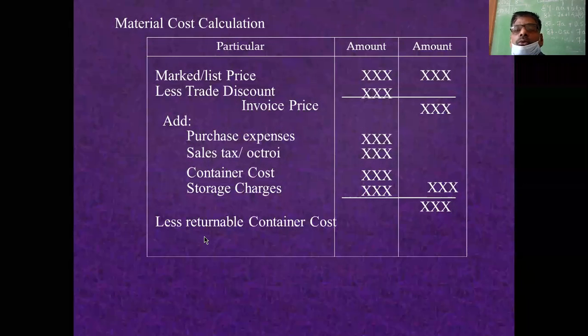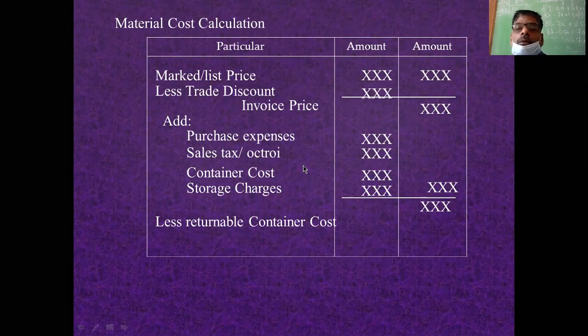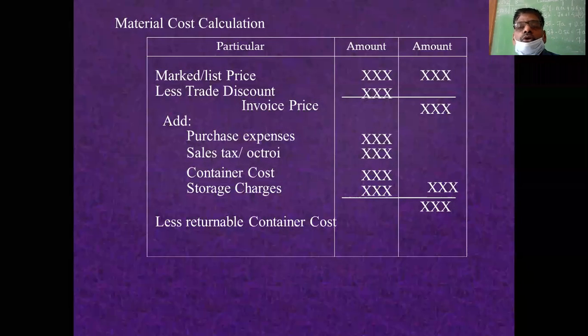For example, I will give you the example of groundnut oil, edible oil. Okay, groundnut oil. Let us consider you purchase groundnut oil in tins. Tin means a box. Okay, tin. Suppose you purchase 5 tins of groundnut oil.